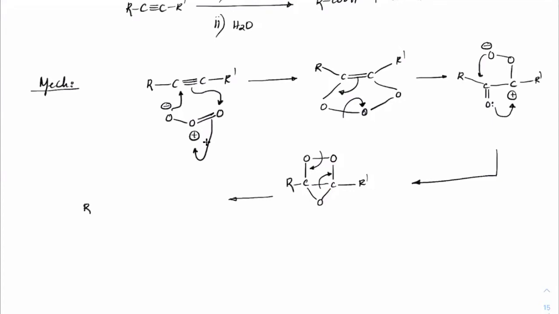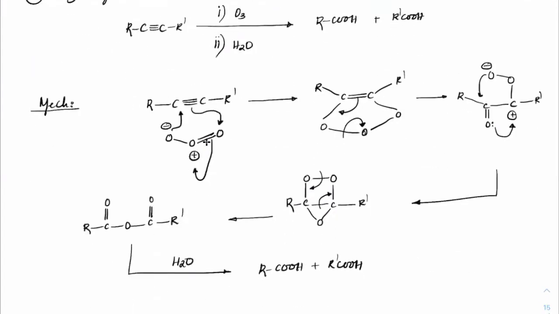Because there is no nascent oxygen released instantly, we will get R, C double bond O, O, C double bond O, R'. So an anhydride form is seen, and if you treat this anhydride with water, it will become acids: RCOOH plus R'COOH. So there is experimental evidence of anhydride formation through this mechanism.